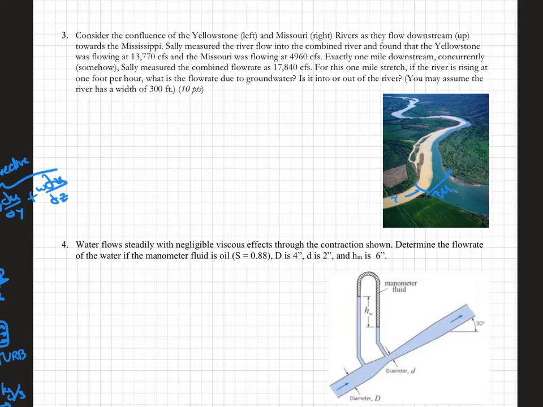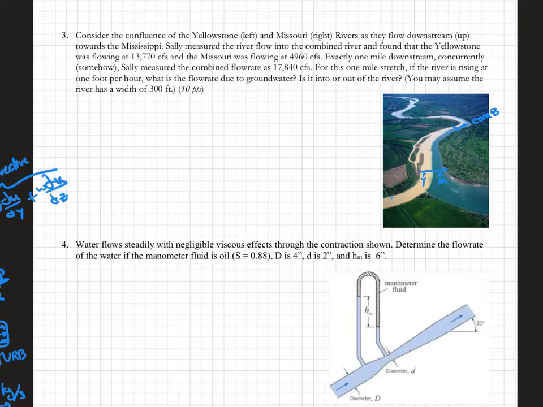We would think of it this way. In case you didn't notice, I kind of thought of this test as a river test. I wanted to do some rivers. It's what I study. So we could think about this as the Yellowstone coming in, this is the Missouri coming in, and then 1 mile downstream somewhere, right there, there's the combined flow.